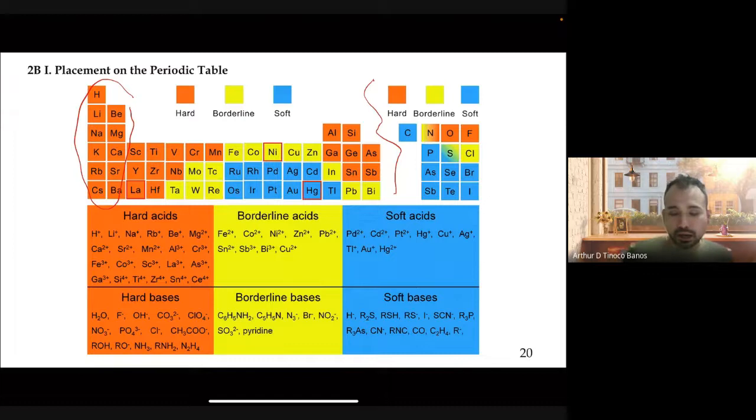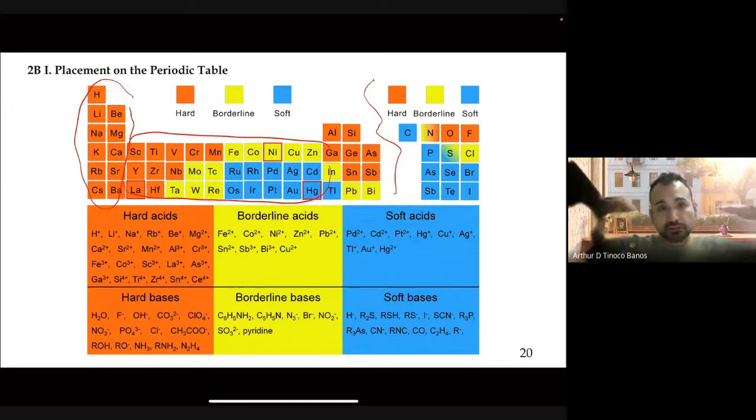When you look at the transition metal section, you see a deviation: in the first row they are typically hard, then borderline, and as you move down the rows they start to become softer. Some, like iron, can be hard or borderline depending on the oxidation state.